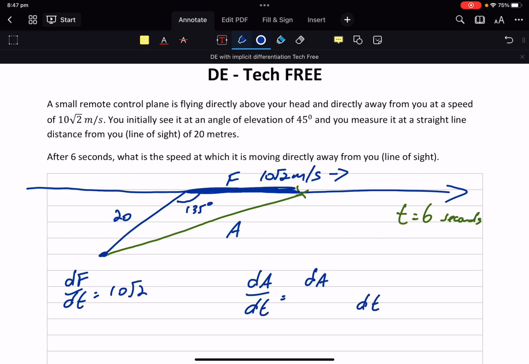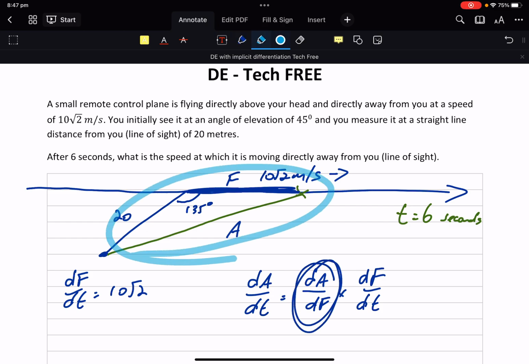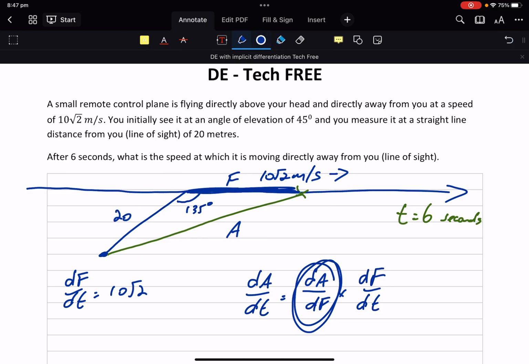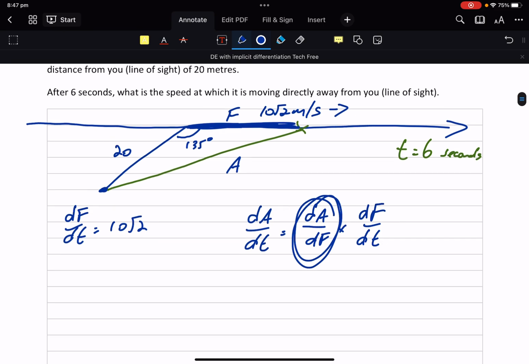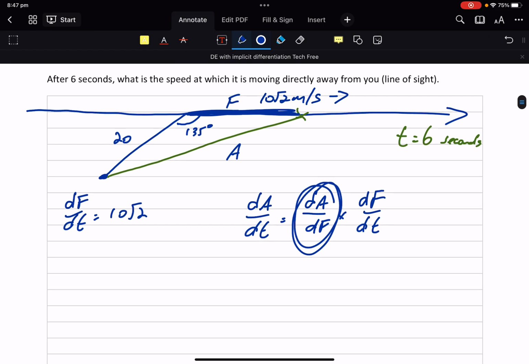The other letter we've got is F, so there has to be a dF there and a dF there. So this is our missing piece. So we need to look at this triangle and get the relationship between A and F, and then get a dA/dF. Okay, we can see that it's a non-right angle triangle, so it has to be either the sine rule or cosine rule.